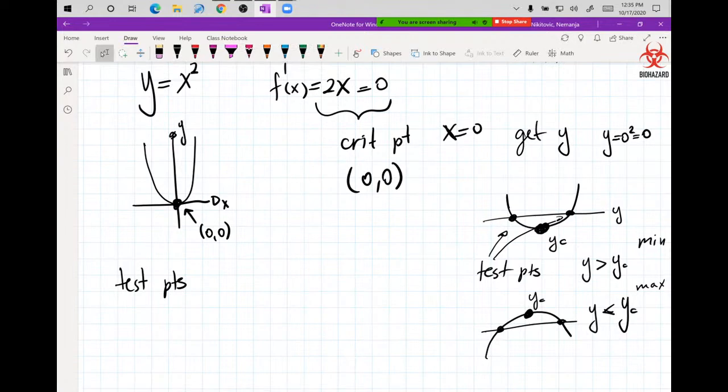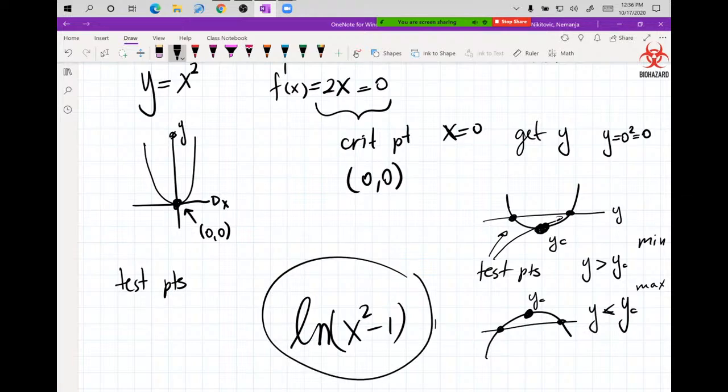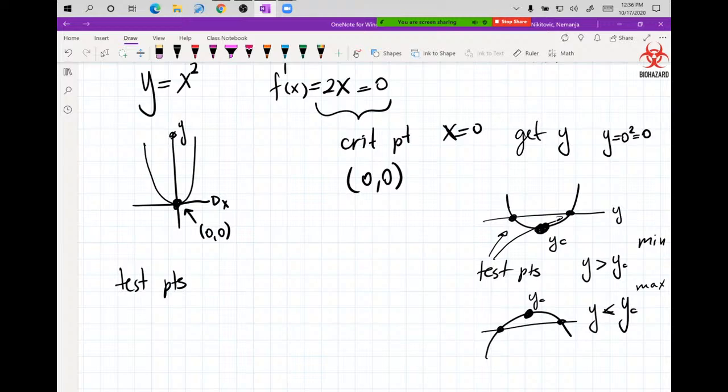So now, since I know my critical point, I can just quickly pick test points. Again, we don't have to do this for x squared because we know the graph. But what is ln x squared minus 1? Do you know what the graph for this is? Of course you don't, right? I mean, we're going to learn how to graph this by hand in 4.4, I believe. But the fact is that the graph is not readily available to you, but the derivative calculation is.